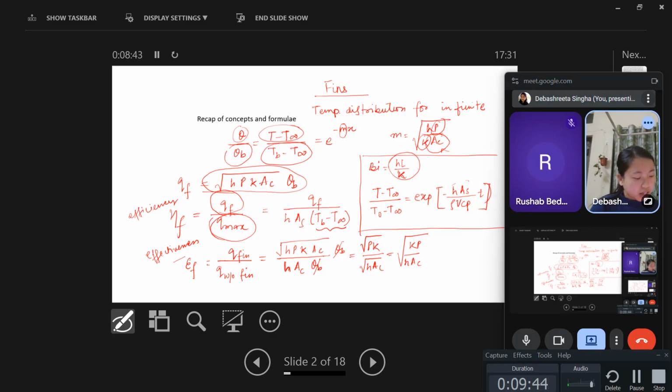So this part is the inverse of the time constant. T infinity is the surrounding temperature, T is the final temperature, and T naught is the initial temperature. So this is just a brief overview of what we are going to do today, and then we can start with the first question.